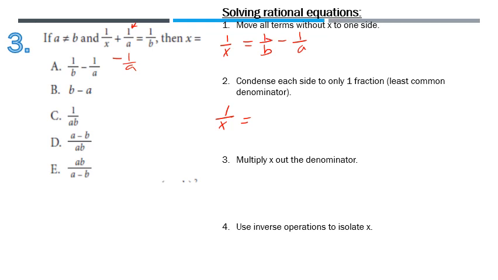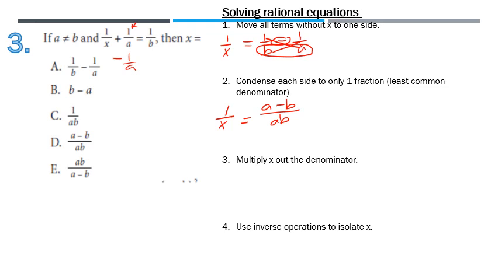So we have our first chopstick, 1 times a is going to give us a, minus our second chopstick, b, all in our bowl, which is ab. Chopsticks in a bowl, right?